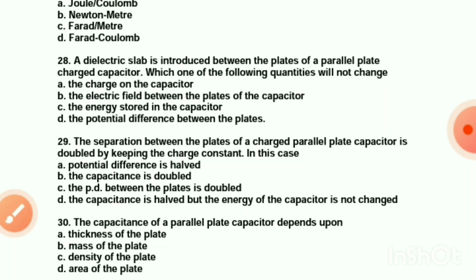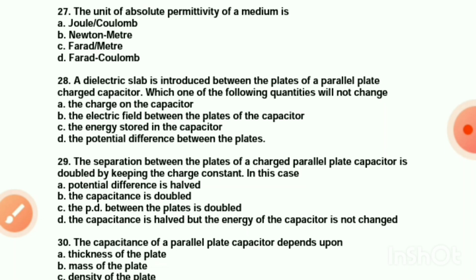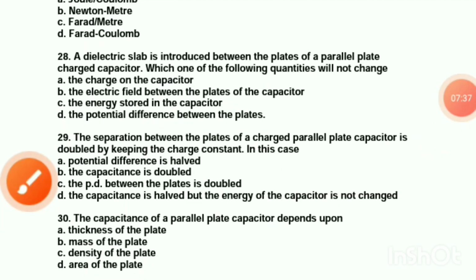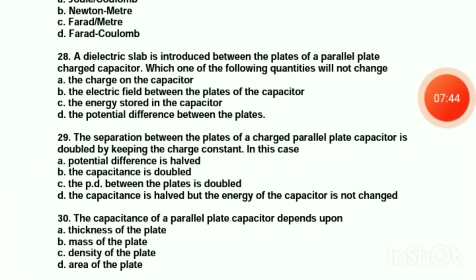In this case, the PD between the plates is doubled. C தான். அடுத்து the capacitance of a parallel plate capacitor depends upon என்னன்னு கேட்குறாங்க. Depends upon area of the plate. D தான்.